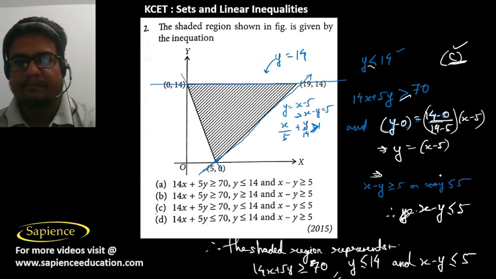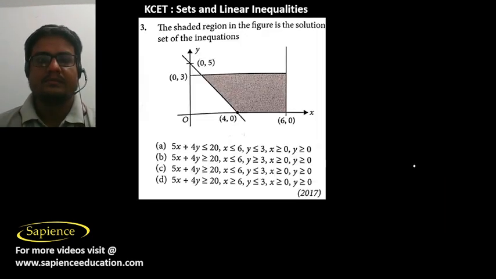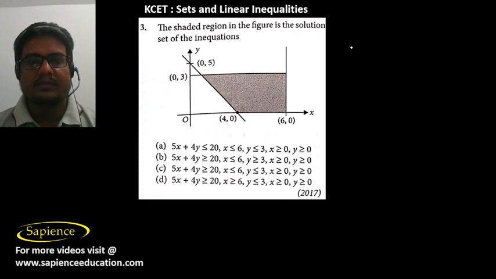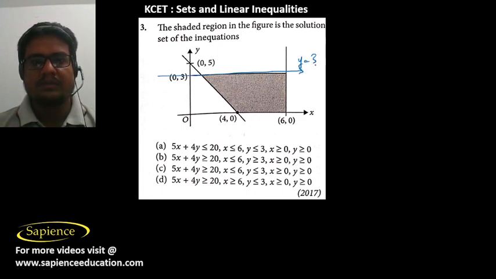Okay, then question number 3, the shaded region in the figure is the solution of the set of inequations. Okay, so the equation of this straight line is y equals 3.